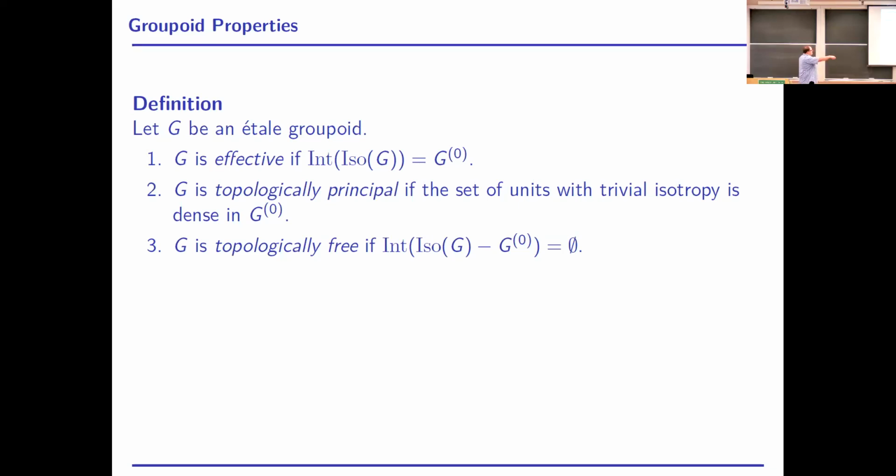In particular, elements with trivial isotropy can't be non-Hausdorff points. And we're going to introduce a third condition, which looks kind of similar, but not quite. G is topologically free if the interior of the isotropy of G without the unit space is empty.